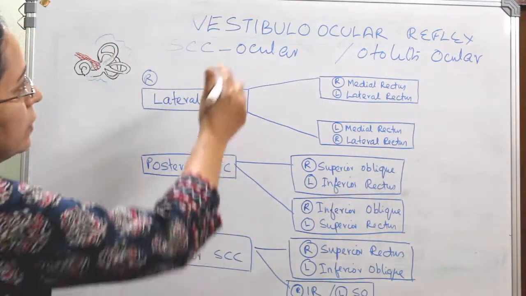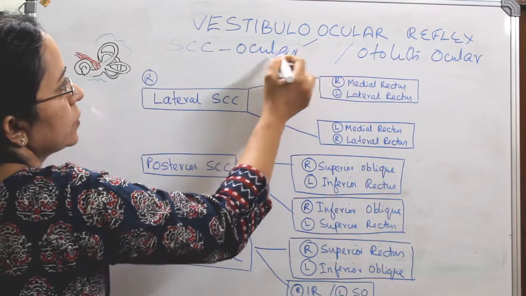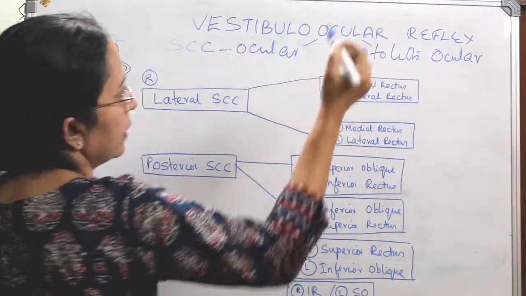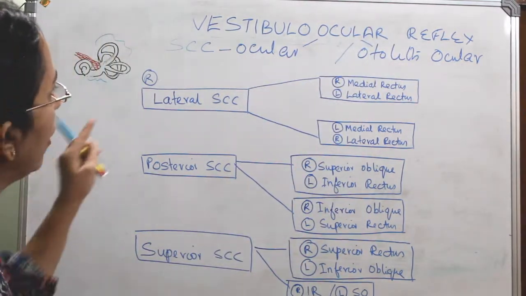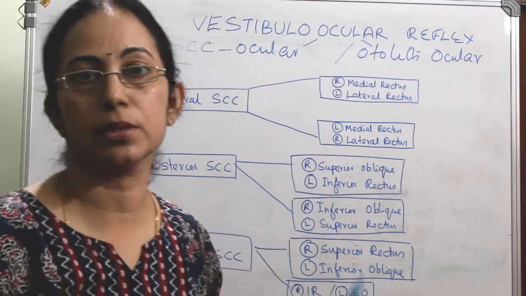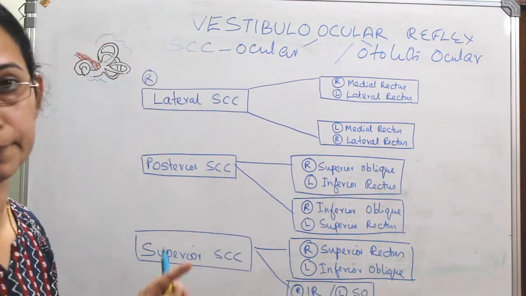Okay, so the vestibulo-ocular reflex is divided into semicircular canal ocular and otolith ocular. Of this, the most dominant one is the semicircular canal ocular reflex mechanism.